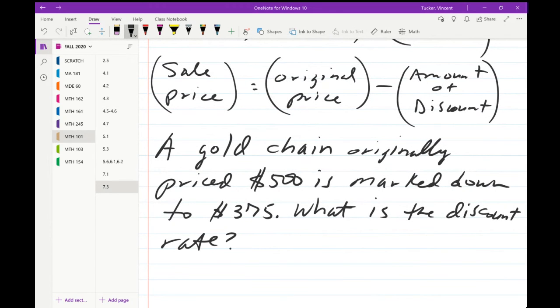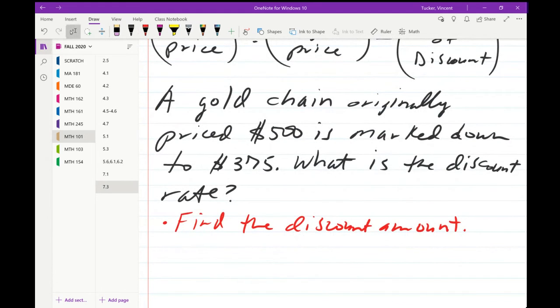All right, so we have a gold chain originally priced $500 that is marked down to $375. What is the discount rate? So first thing we want to do is find the amount of discount. So we'll do 500 minus 375, which is 125.